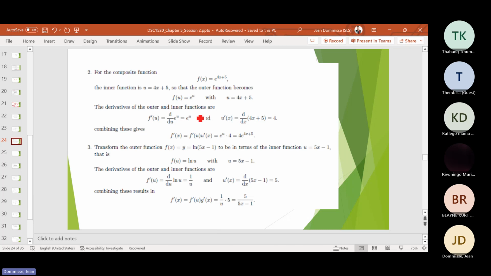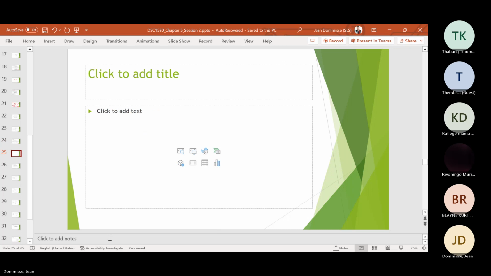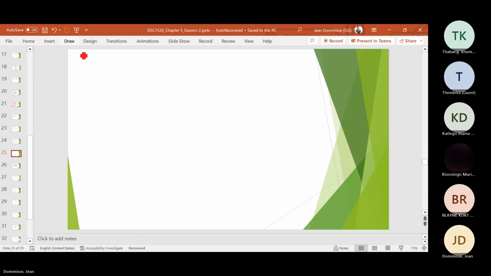Okay, so again, let's look at this one. The function was e to the power of 4x plus 5. So let's follow now some principles of when we work with e. So e to the power of 4x plus 5. Okay, so let's again say 4x plus 5 is equal to u. So then we have e to the power of u.